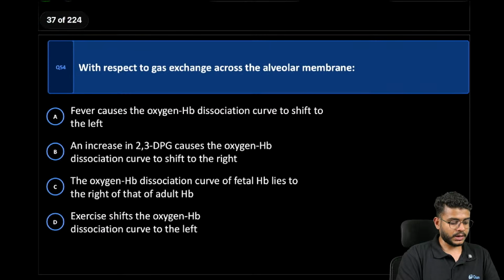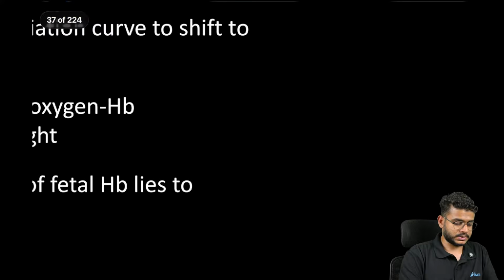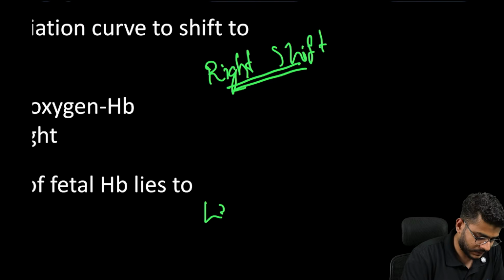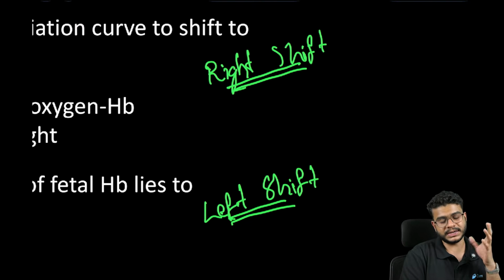Okay, now we are going to talk about the hemoglobin oxygen dissociation curve. We know it shows the saturation of the oxygen with the hemoglobin. The two main things you should remember for the upcoming questions and for tomorrow's exam are the right shift and the left shift of the hemoglobin oxygen dissociation curve.